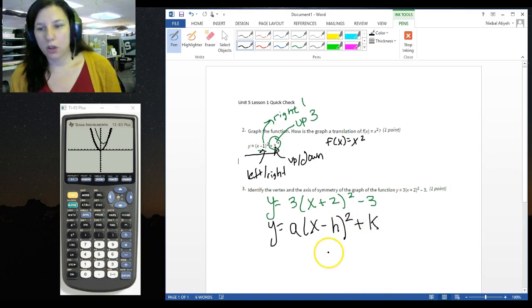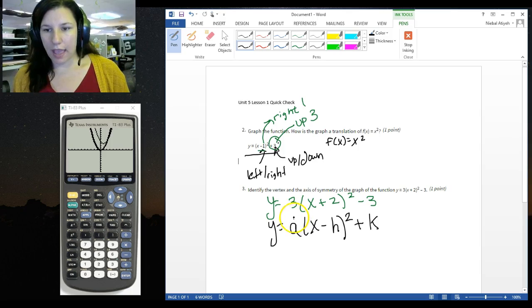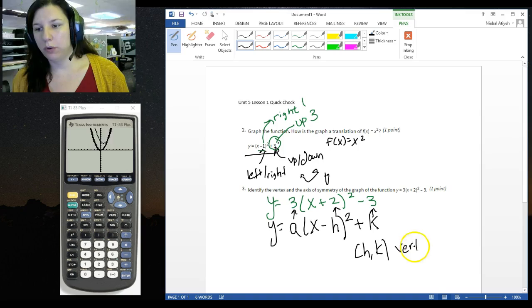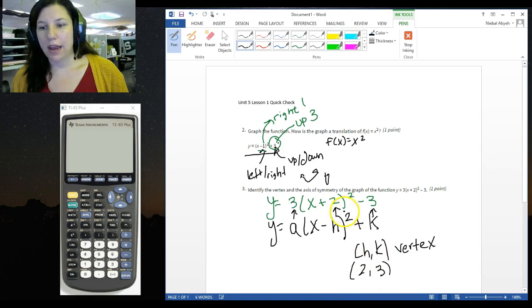Okay, so the a is how much this graph is going to stretch or shrink, so whether it's going to go wider or skinnier. This number and these numbers here, h and k, match up to where your vertex is. All right? So my vertex is going to be 2, 3, and then I need to pay attention to the signs.